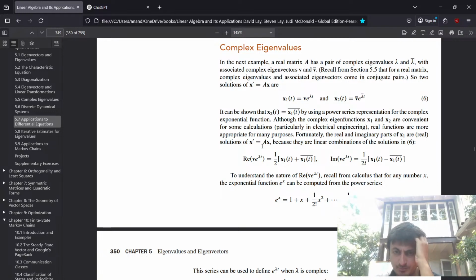So the real part of v e to the lambda t is equal to 1/2 the average of x1 and its conjugate.